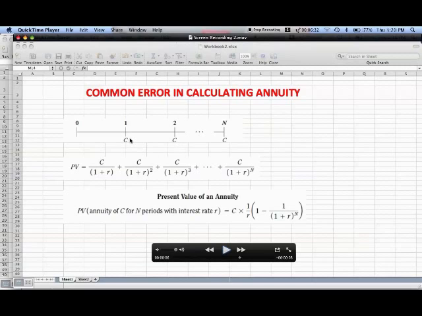And the other thing you need to be quite clear about is the timing of the cash flow. We need to know when the cash flow will be coming to our bank, and on the other side, if there's a borrowing, you need to know when you're going to pay the bank.